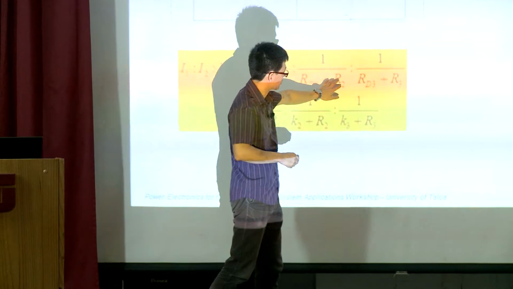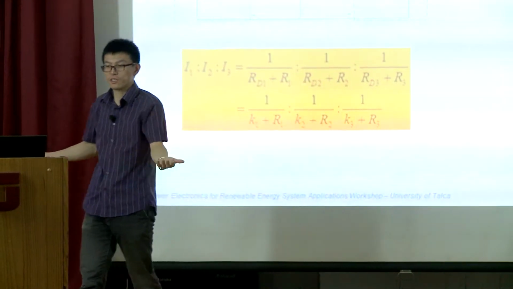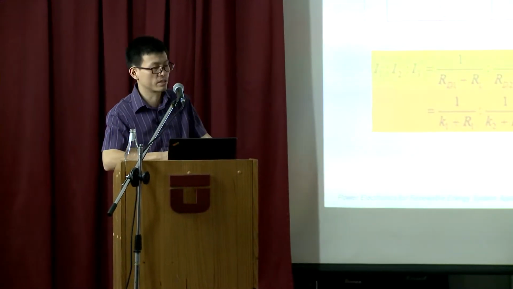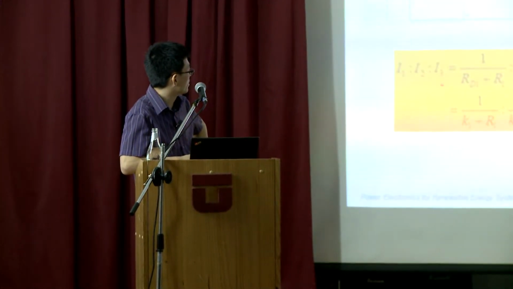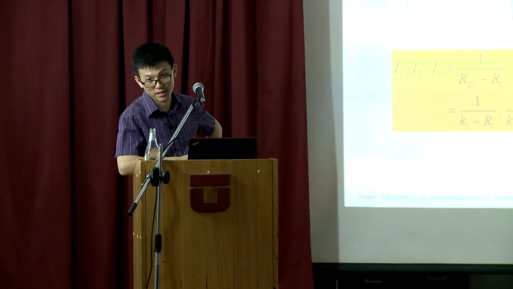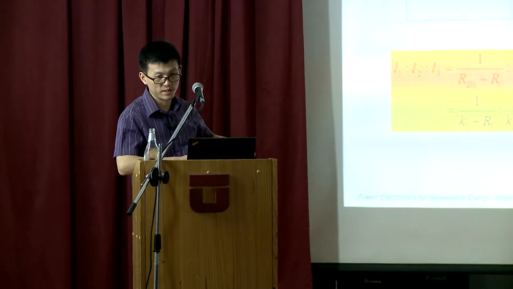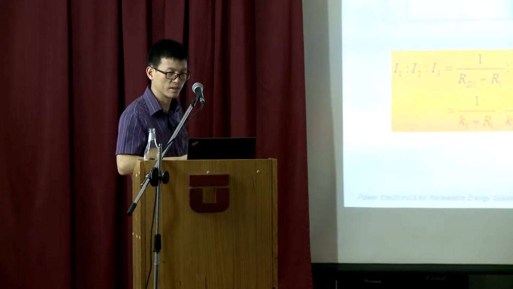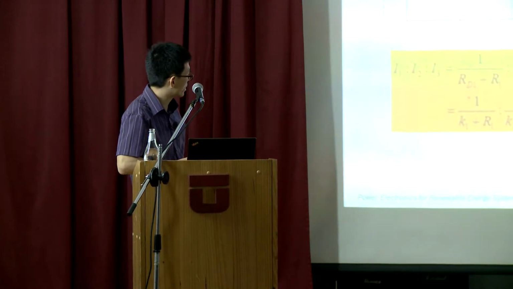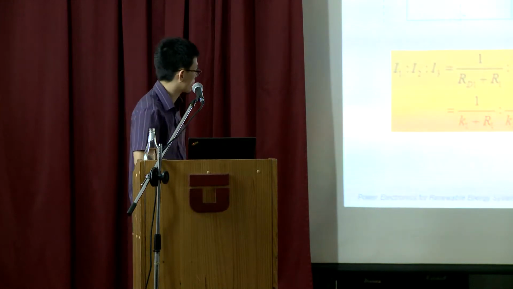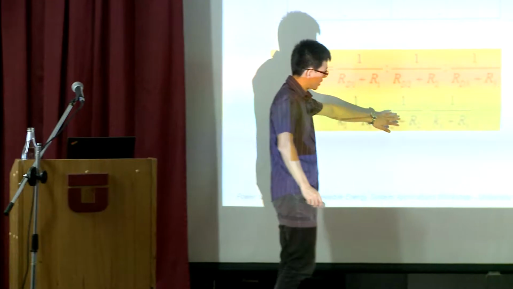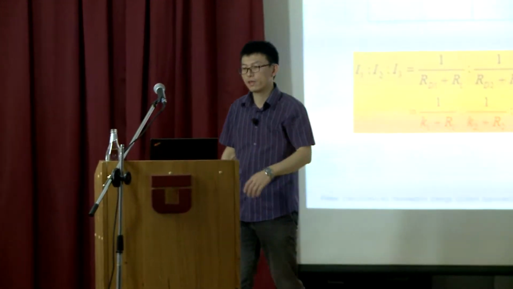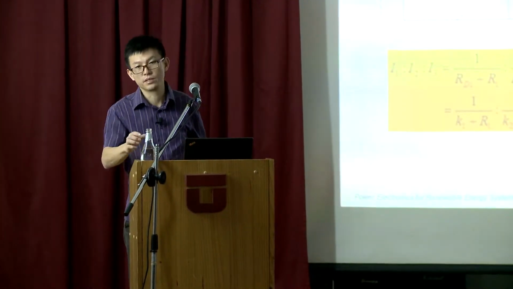The R1, R2, R3 should not be there because I don't know the line impedance in my primary control. But what we really end up with is the line impedance in the power sharing equations. Here I changed RD1, RD2, RD3 to K1, K2, K3 so you don't get confused. K1, K2, K3 are the droop gains, and R1, R2, R3 are the line impedances.